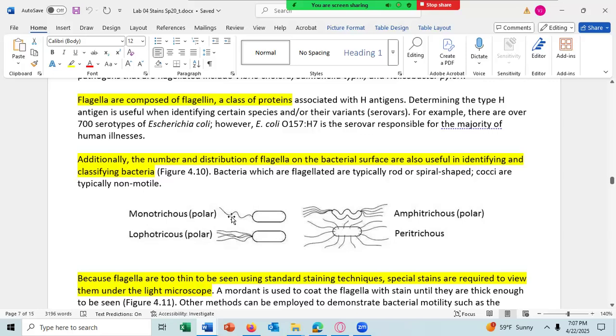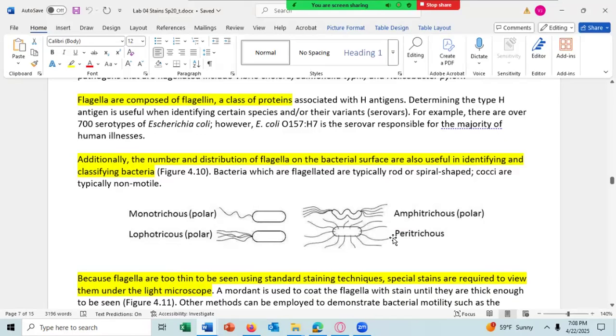If there are multiple flagella on one end of the cell, we call it lophotrichous. If there are multiple flagella on both ends of the cell, but only on the ends of the cell, we call it amphitrichous flagella. And then if there are flagella all over the cell, in different regions of the cell, we call it peritrichous.